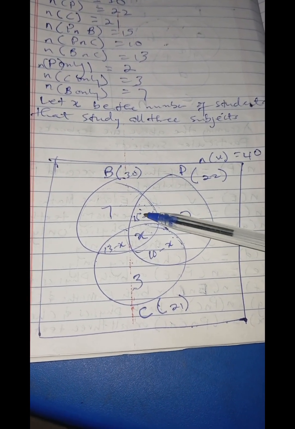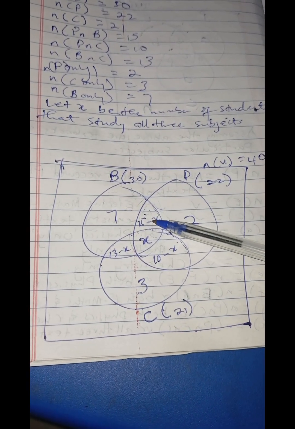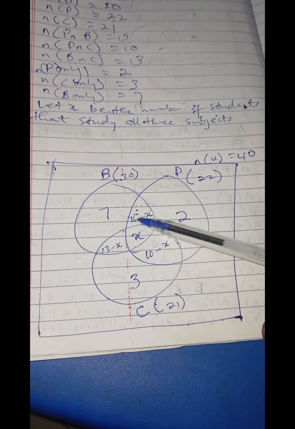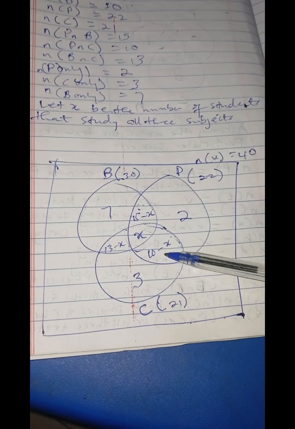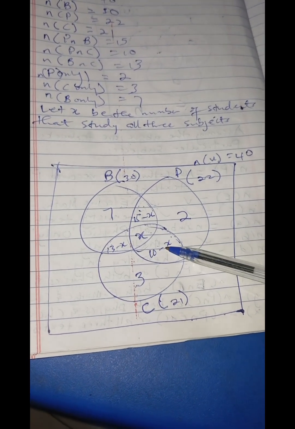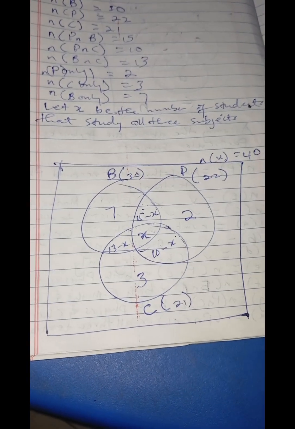For instance, when we're solving that of biology, we added this part and this part. So if we are to take physics, neglect this aspect because you've used them already. And if we are to take chemistry, we neglect these 3 aspects because we've used them already. Then we write this. Now this is what I mean.